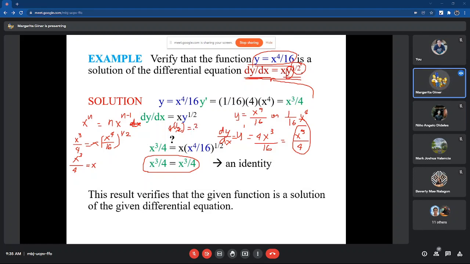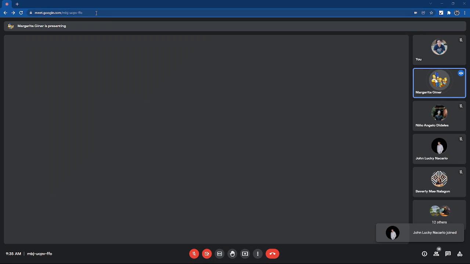So 4 is divisible by 2, and the numerator becomes x squared. How about the 16? 16 raised to 1/2 is equivalent to the square root of 16. If you convert the square root into exponential form, that is 16 raised to 1/2, so the square root of 16 is 4.